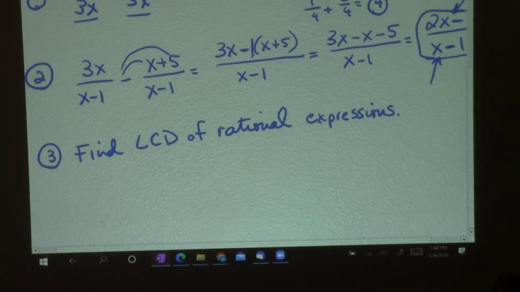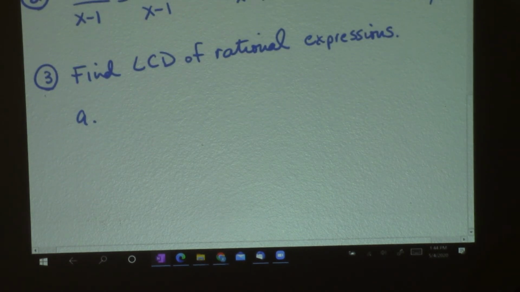If I did want to add or subtract them, I need to have a common denominator. So let's look at these two terms: 1 over 4r and r plus 3 over 10r squared.